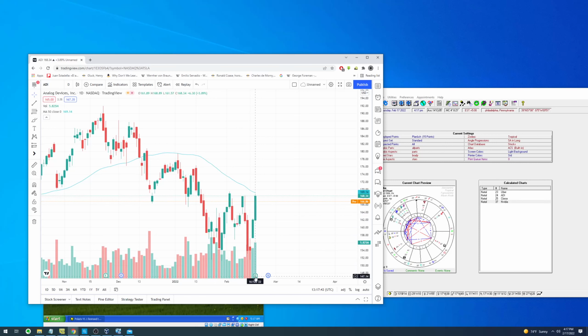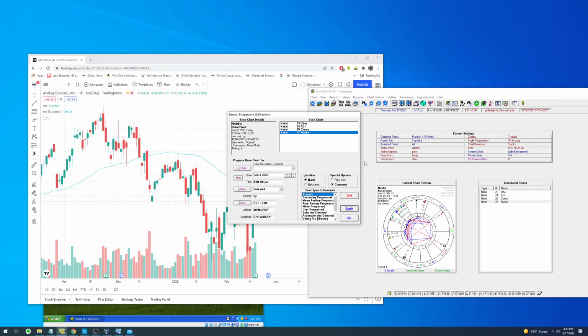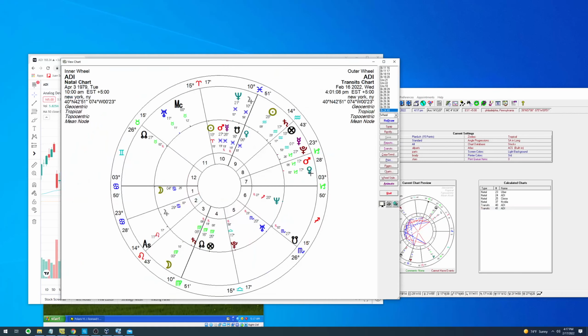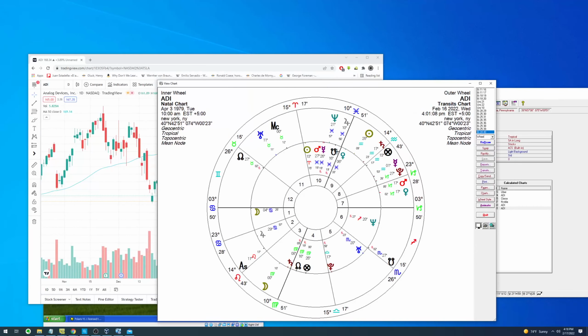They released earnings before the market opens. We can see the direct transit of Jupiter over the midheaven, and in conjunction with Venus it indicates an increase or a positive earnings report.